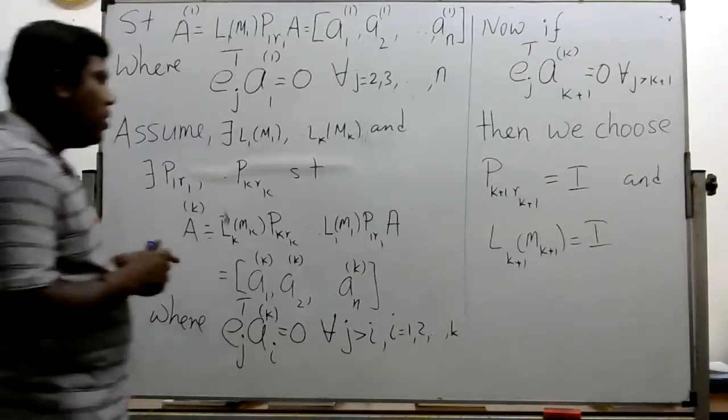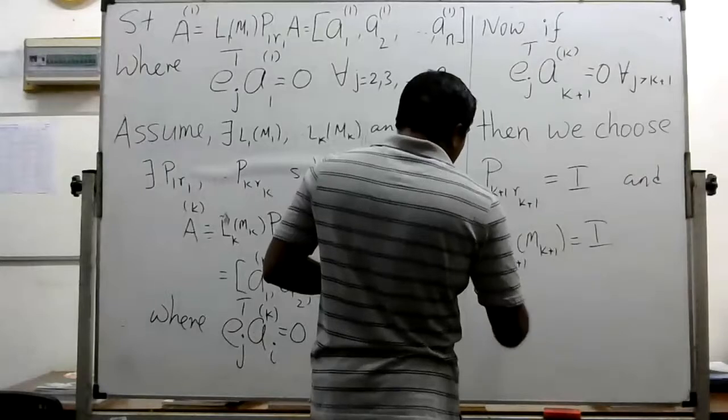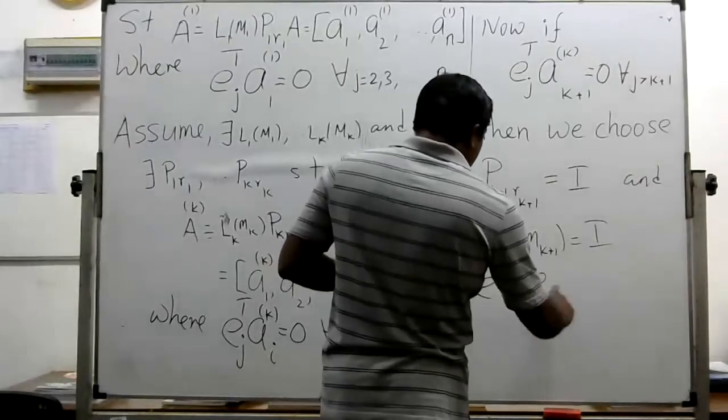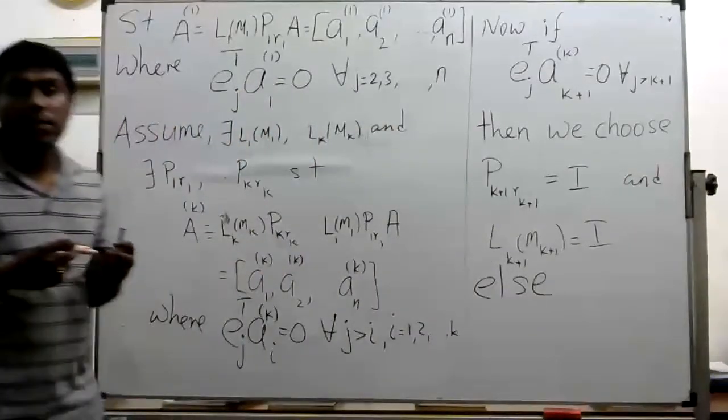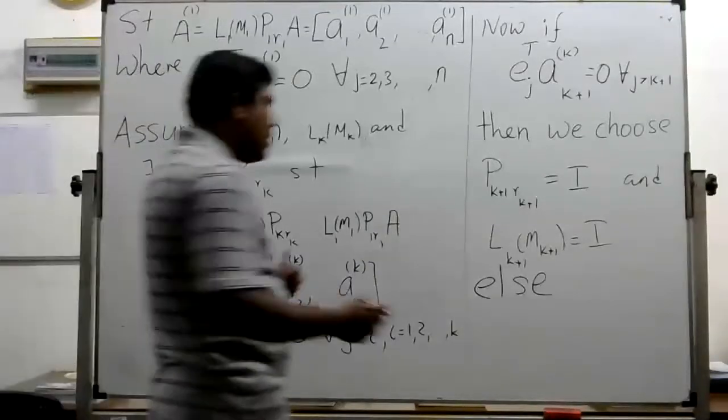Else we have to go to the elimination as well as the row transformation.